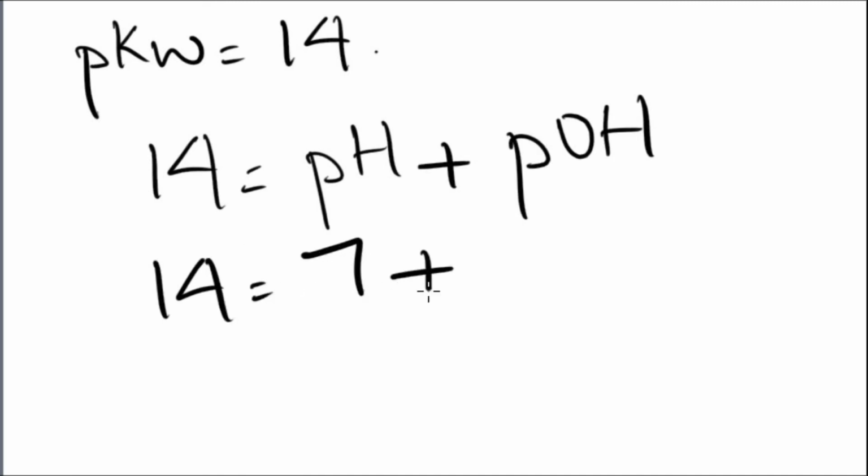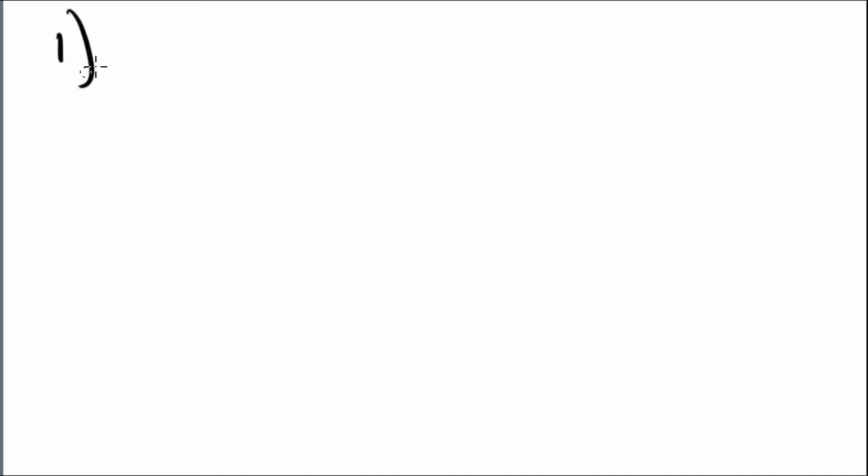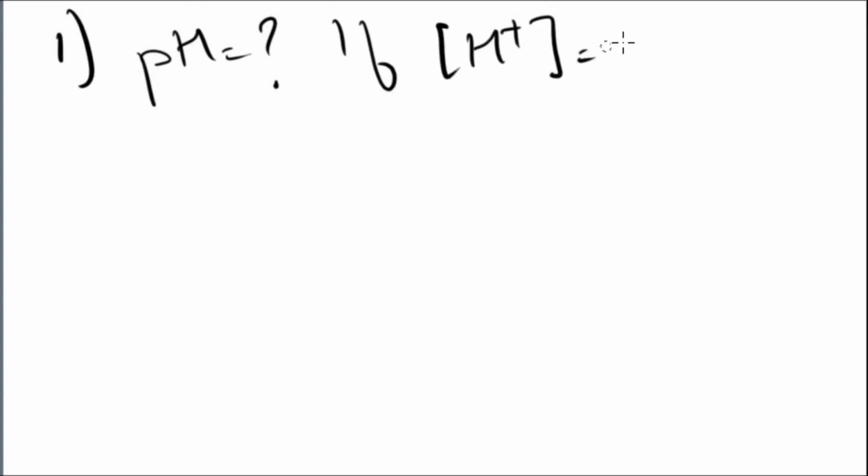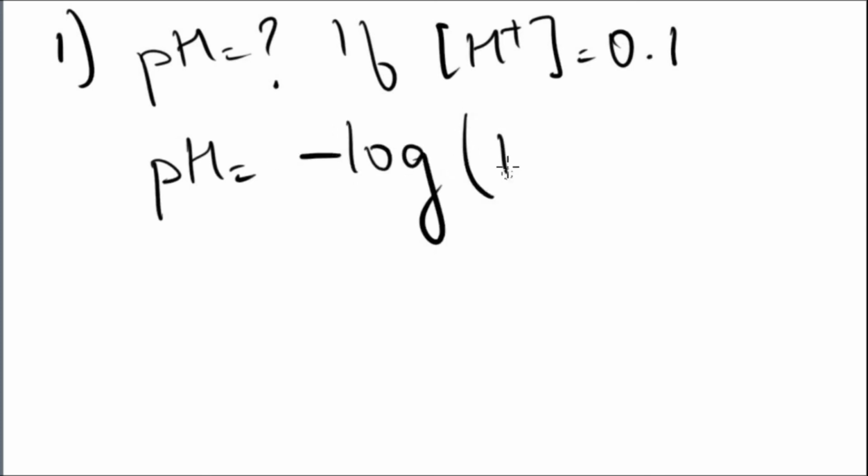I will do some questions with you. So our first question, for example, will be find pH if the concentration of hydrogen is 0.1. So pH is equal to minus logarithm of 0.1, or 10 to the power minus 1, which is equal to pH being 1.